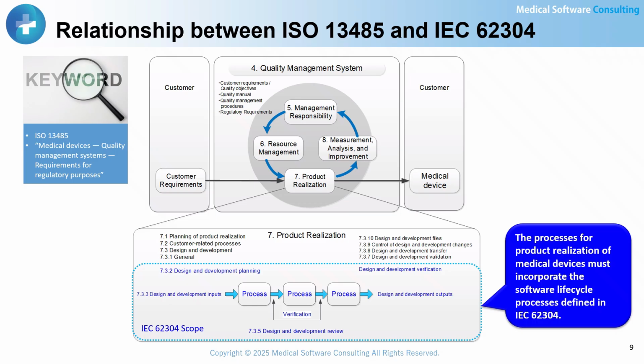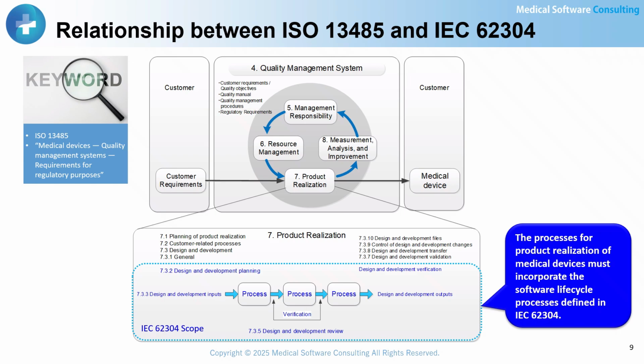Here, let's look at the relationship between ISO 13485 and IEC 62304. The official title of ISO 13485 is Medical Devices Quality Management Systems, Requirements for Regulatory Purposes. Any organization that manufactures or markets medical devices must be certified to ISO 13485 by an accredited certification body.